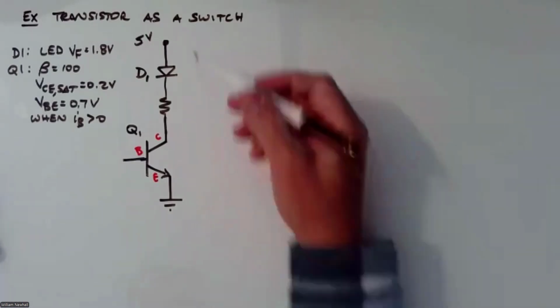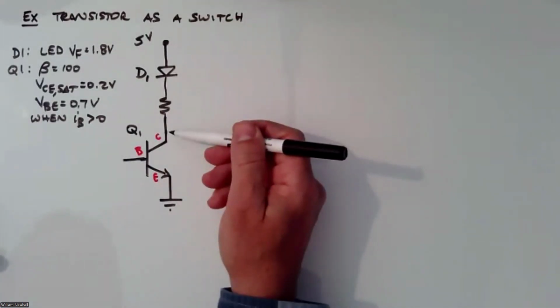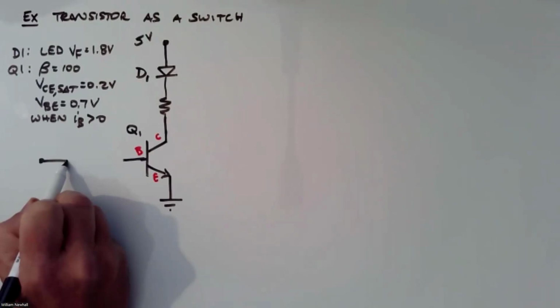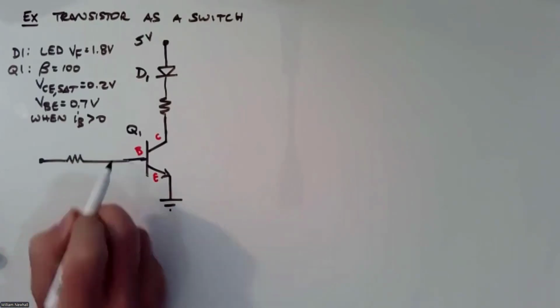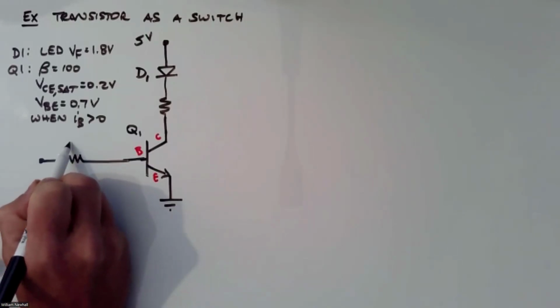Okay, so we're going to control the current here through the diode and the resistor using this transistor, and the way we control that is using base current. So if I have some terminal here with a base resistor, I'm going to call that base resistor RB.